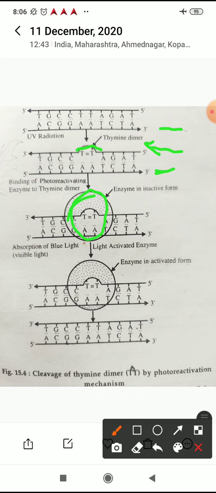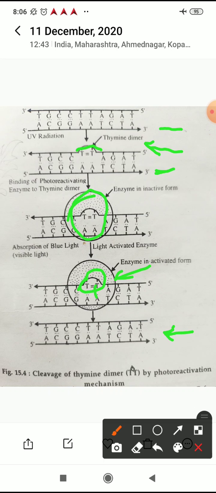So this activated enzyme is responsible for breaking down the bonds between the thymines and forming the monomer, restoring the DNA to its normal state due to the removal of this dimer.